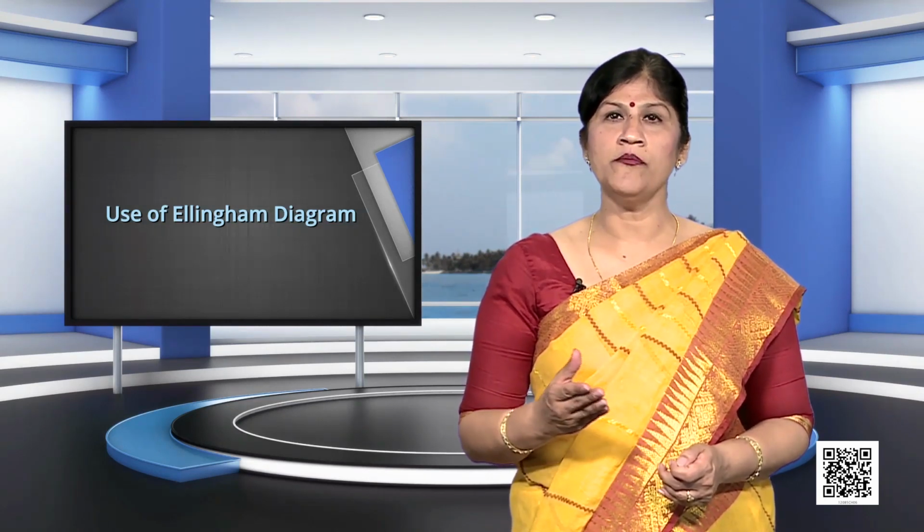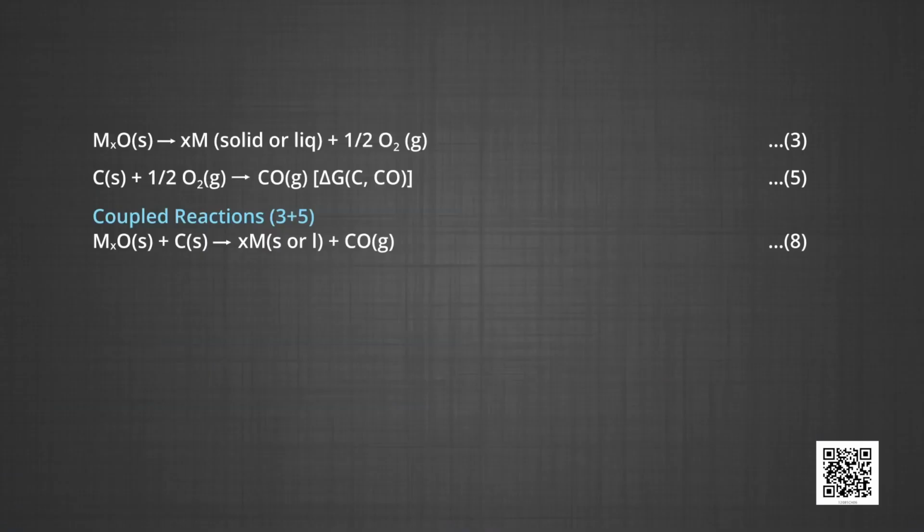On subtracting equation 4, that is, adding the negative or the reverse form as in equation 3, from one of the three equations 5, 6 or 7, we get respectively the following reactions, numbers 8, 9 or 10. Metal oxide plus carbon gives metal in the solid or liquid state plus carbon monoxide.